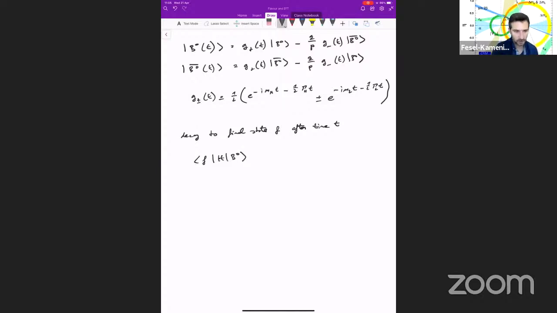via the action of the Hamiltonian, and we will simply define this decay amplitude as A_f.